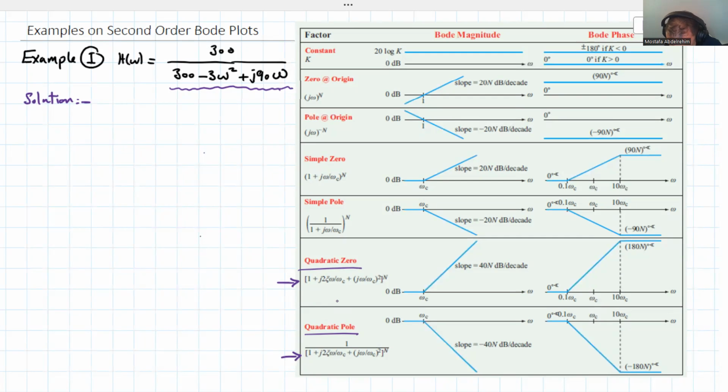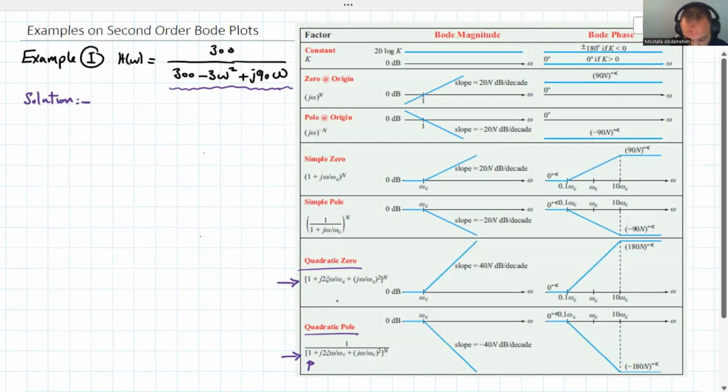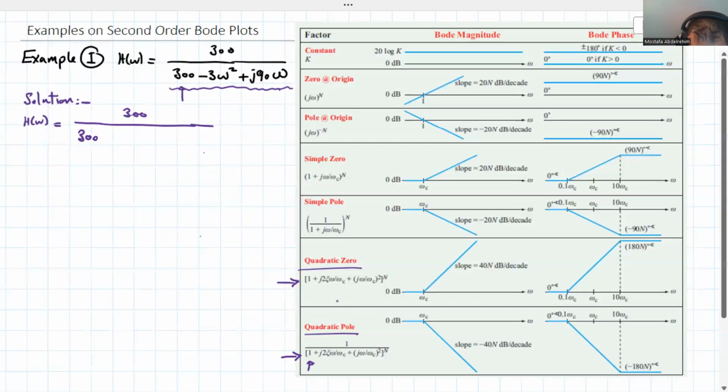First of all, there should be a term with one. Here you have a constant term, 300, so let's take 300 as a common factor. We can write H of omega in that way. We have 300 in the numerator, so we take 300 as a common factor in the denominator: 1 minus 3 over 300 omega square plus j 90 over 300 omega.